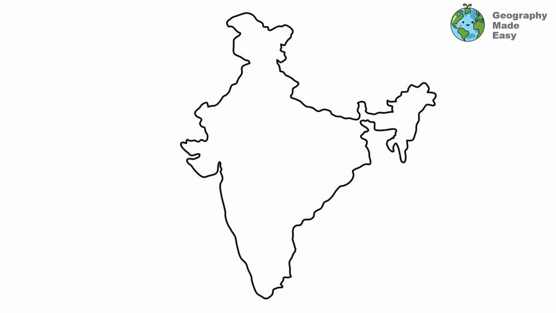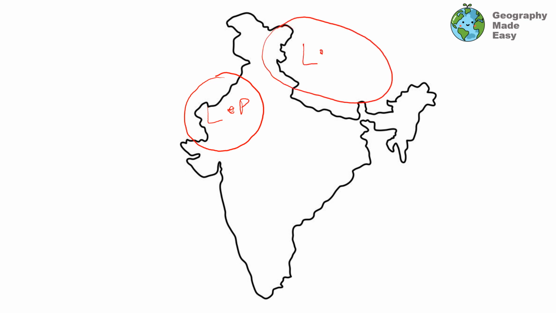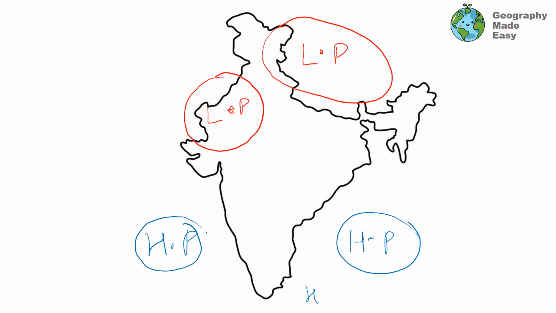So we'll start with the classical theory, or the theory given by Edmund Halley, where he talks of the development of low pressure. He talks about a low pressure developing in the Thar Desert and the western part of India, and a low pressure developing over the Tibetan Plateau. Now these low pressures are very intensive. On the other hand, we have high pressure cells developing over the Arabian Sea, the Bay of Bengal and the Indian Ocean.